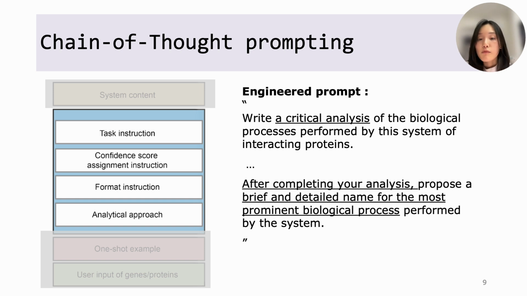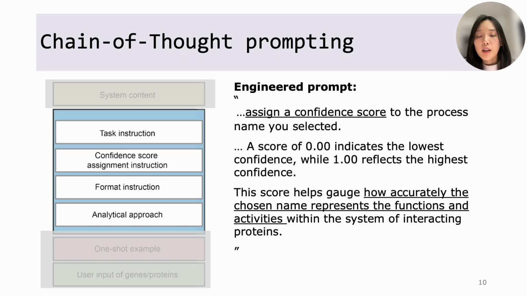For example, here we ask it to write a critical analysis for the biological processes, and we specifically tell it that after you complete your analysis, propose a brief and detailed name for the most prominent biological process. We implemented chain of thought prompting again in the instruction on the confidence score.